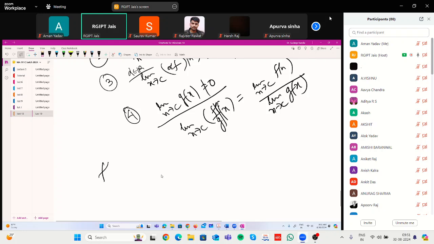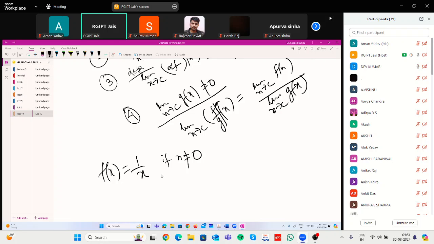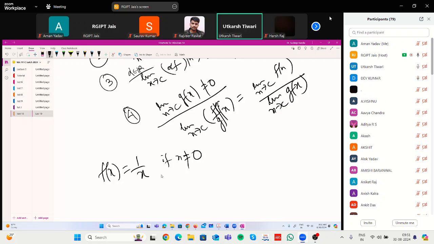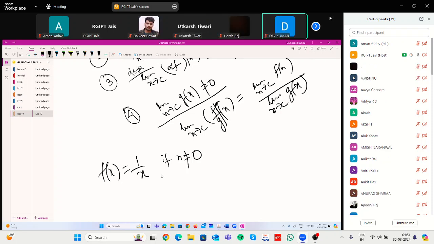Suppose f of x equals 1 by x, x not equal to 0. So at x equals 0, does the limit exist? No, sir. Why?